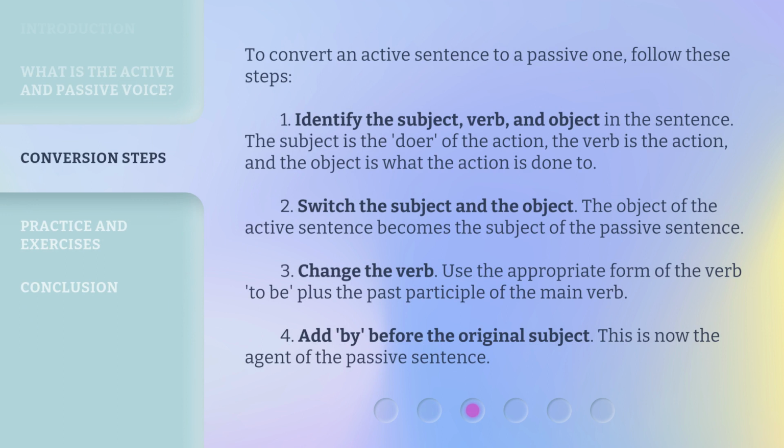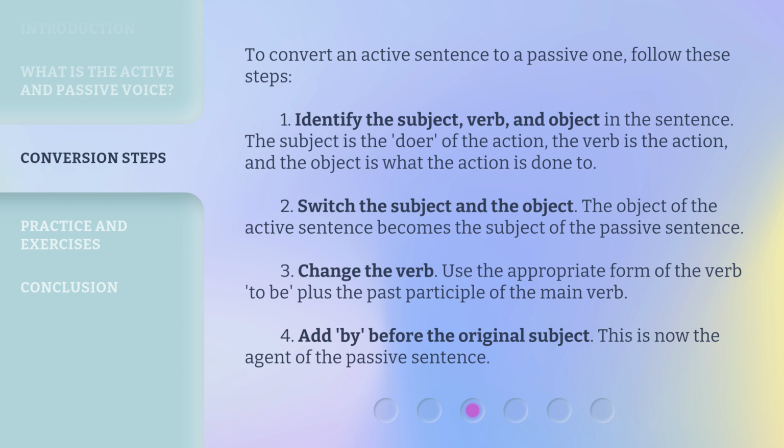To convert an active sentence to a passive one, follow these steps. 1. Identify the subject, verb, and object in the sentence. The subject is the doer of the action, the verb is the action, and the object is what the action is done to. 2. Switch the subject and the object.